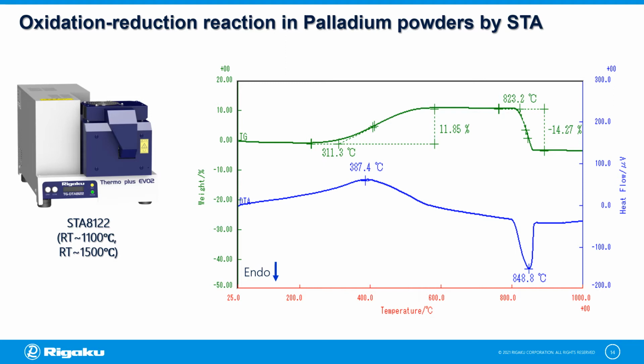Then as the temperature increases, the DTA shows endothermic reaction near 849 degrees centigrade, and the TG curve shows a mass loss of 14.3% due to reduction. Notice that the mass loss due to reduction is higher than the mass increase due to oxidation by 2.4%. This suggests that the palladium powder was initially oxidized before the measurement, and at the end of the STA measurement, a pure palladium powder was obtained.